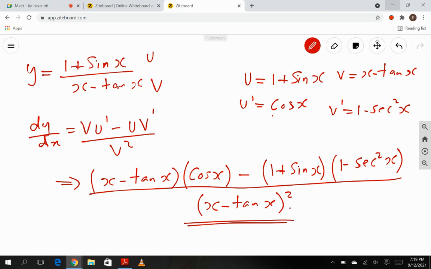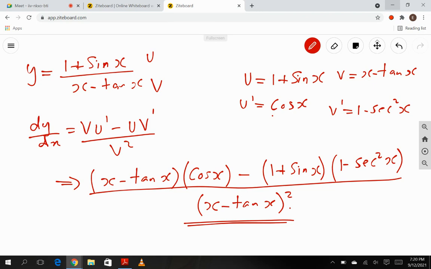Like there is cos and then there is tan there. And we're supposed to have sine. If we say cos times x, it's giving us x cos x. And then cos times tan x, can't we say sin x?